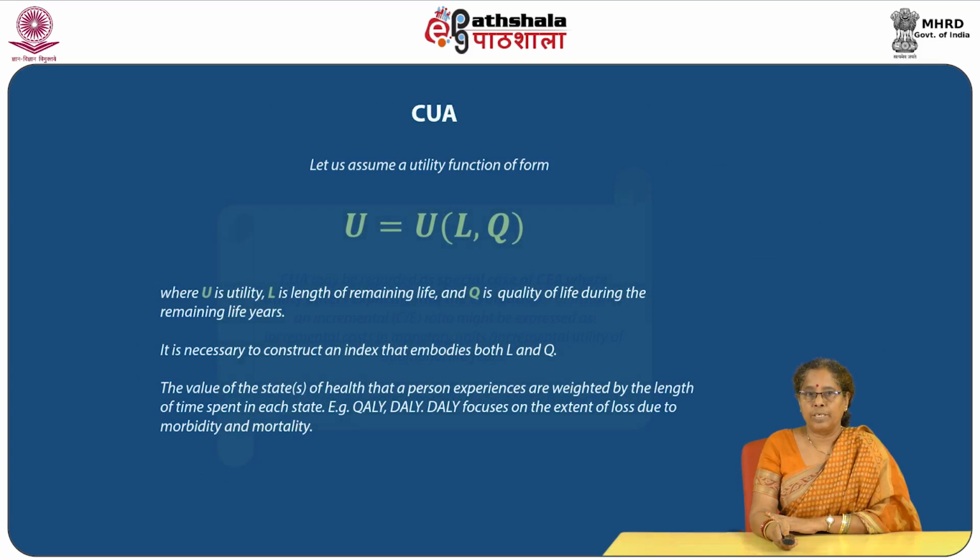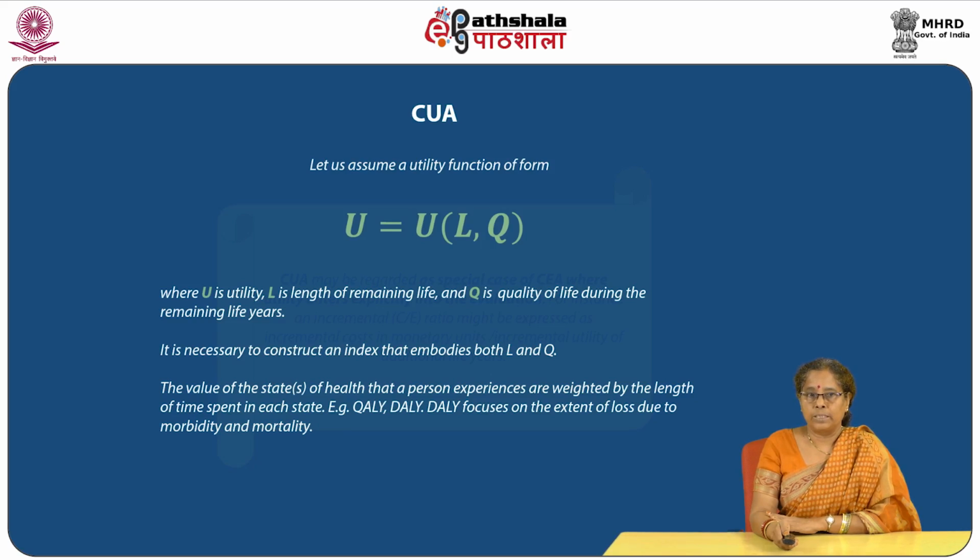Let us assume a utility function of the form U = U(L, Q), where U is the utility, L is the length of remaining life, and Q is the quality of life during the remaining years. It is necessary to construct an index that embodies both L and Q.